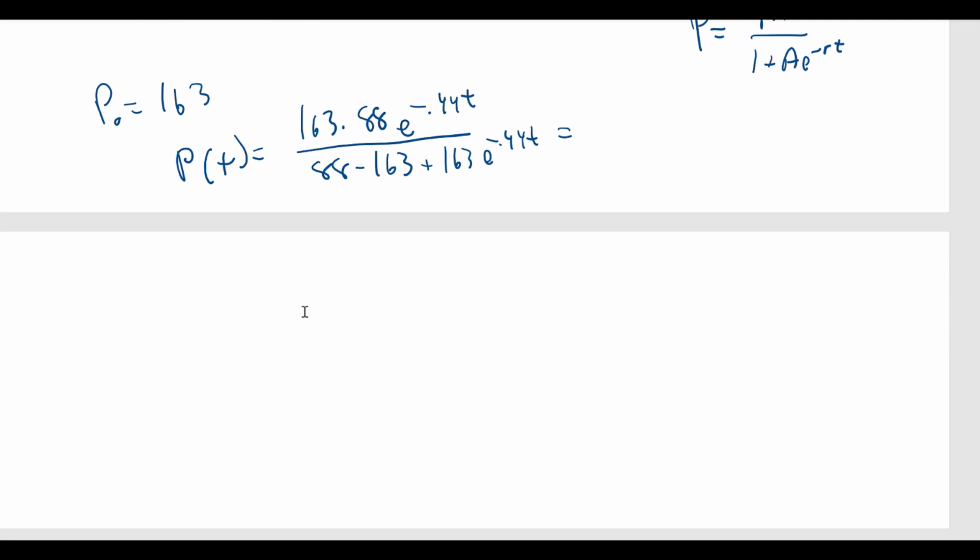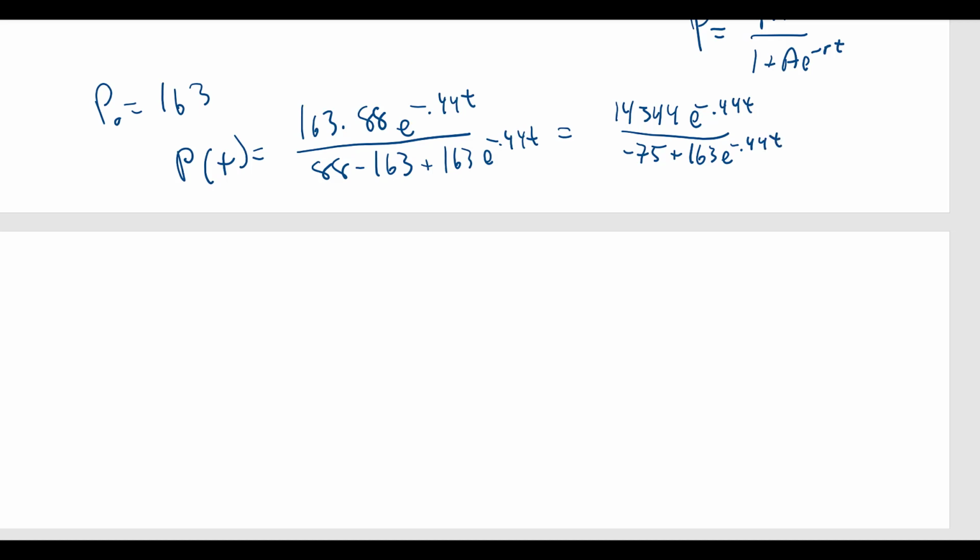So 163 times 88 is 14,344, times e to the negative 0.44t, divided by the 88 minus 163, which is negative 75, plus 163 e to the negative 0.44t.